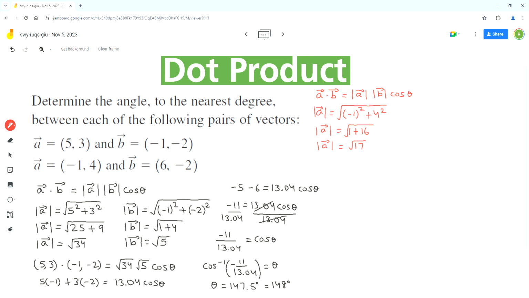So this is the magnitude of vector A. Now we can find the magnitude of vector B. So we'll square the x and y components, add the squares, and apply the square root to the sum.